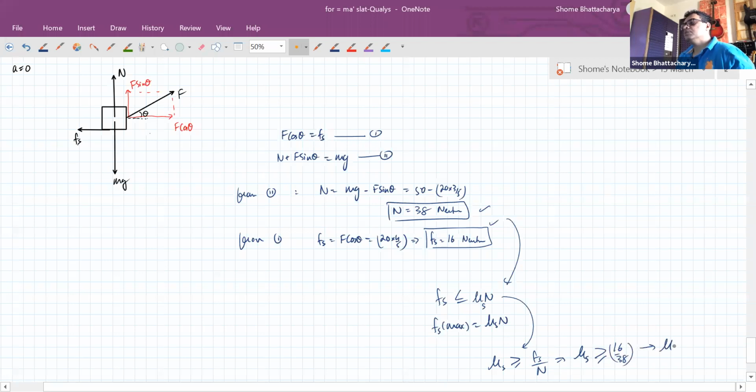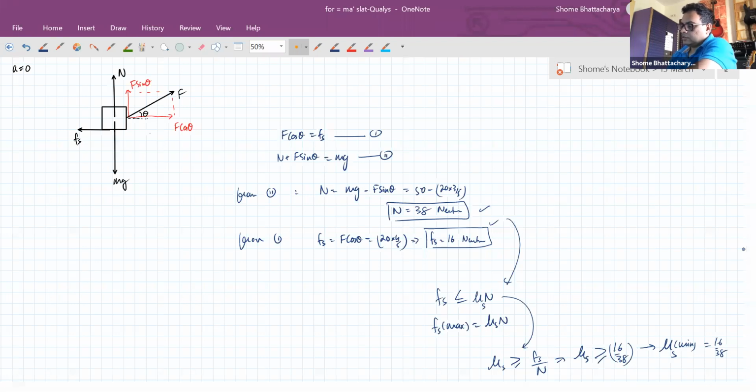So the minimum possible value of coefficient of static friction is 16 by 38, which is about 0.42.